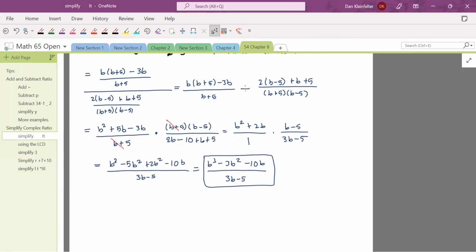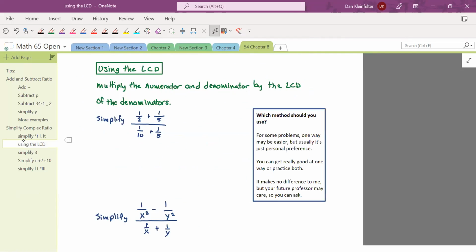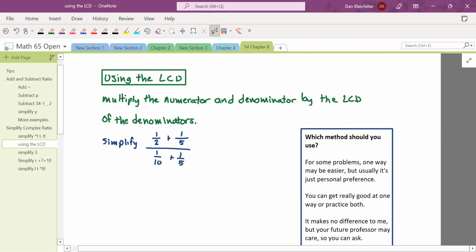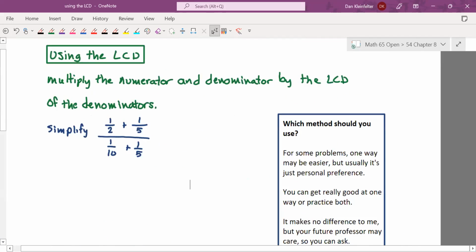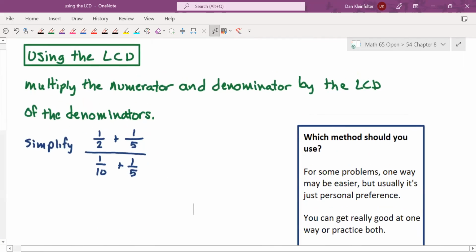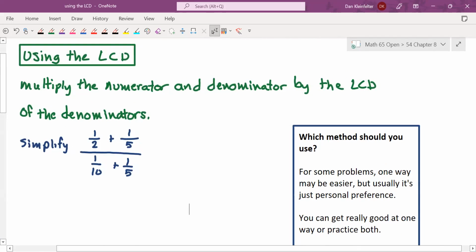Okay, so this has been the method of basically simplifying the numerator, simplifying the denominator, and then dividing. So the next method is using the LCD. So taking a look at this first example, we have 1/2 plus 1/5 divided by 1/10 plus 1/5.